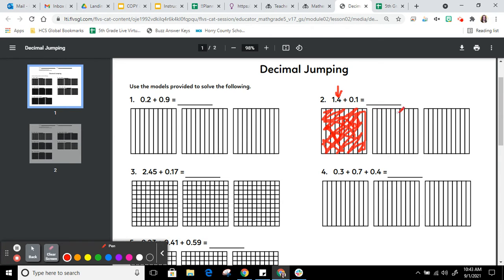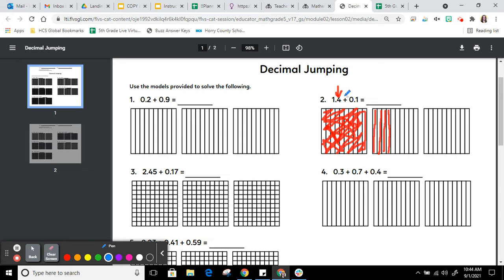So each of these long sticks represents a tenth. So we need 4 of them. 1/10, 2/10, 3/10, 4/10. So in red, what is shaded represents 1 and 4/10.